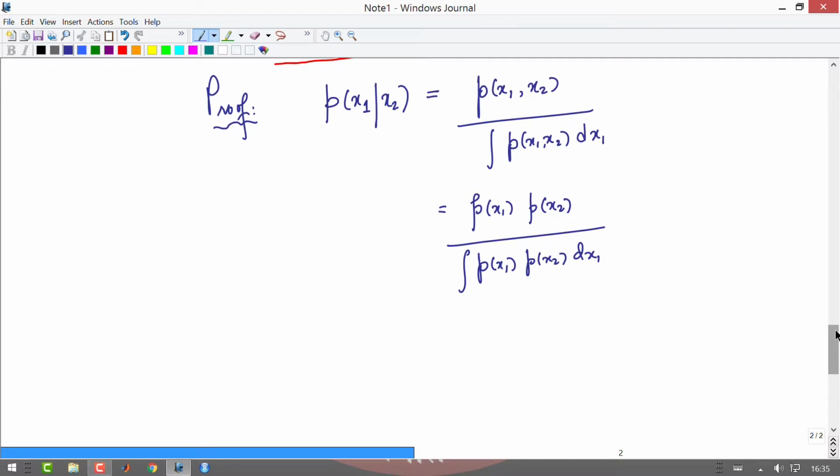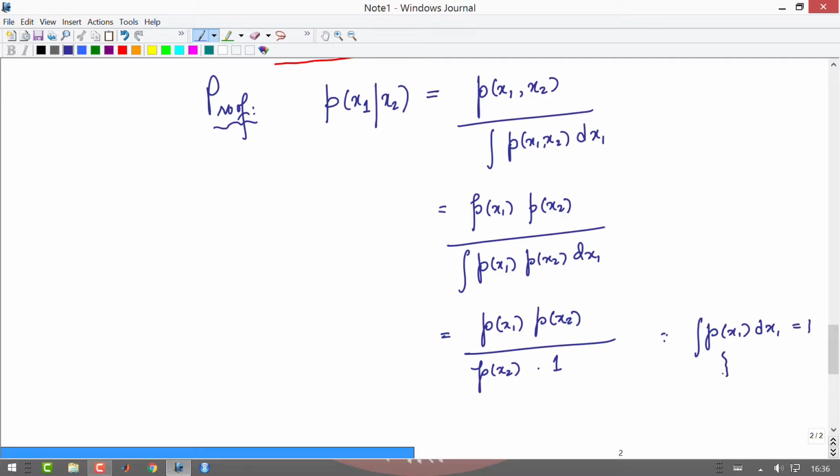Okay, so p of x2 will come outside the integral, and integration of p(x1) dx1 is simply 1, because p(x1) is normalized. Okay, the distribution is normalized, leaving us with just p of x1.